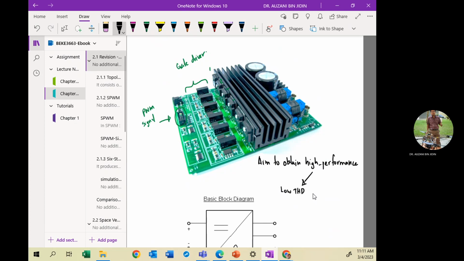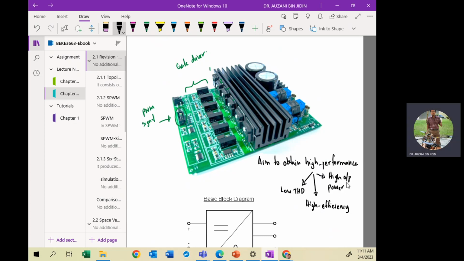Okay. So another, the control strategy must aim to have high efficiency, meaning low losses, and also high output power. So it means high output voltage and output current.